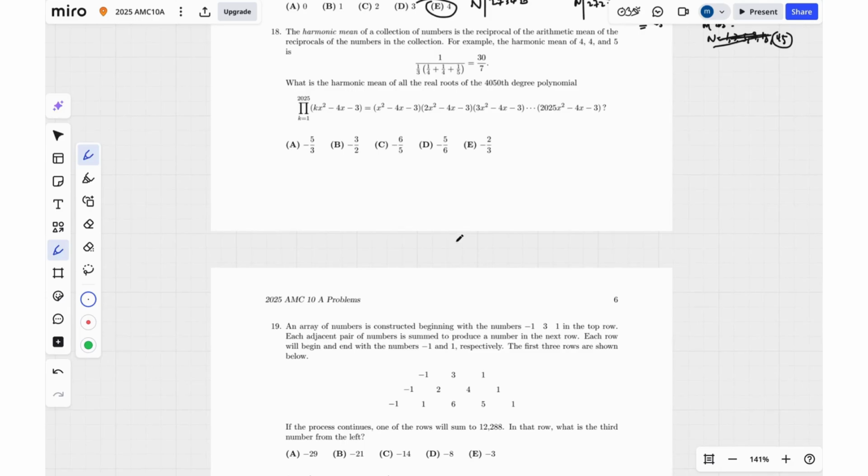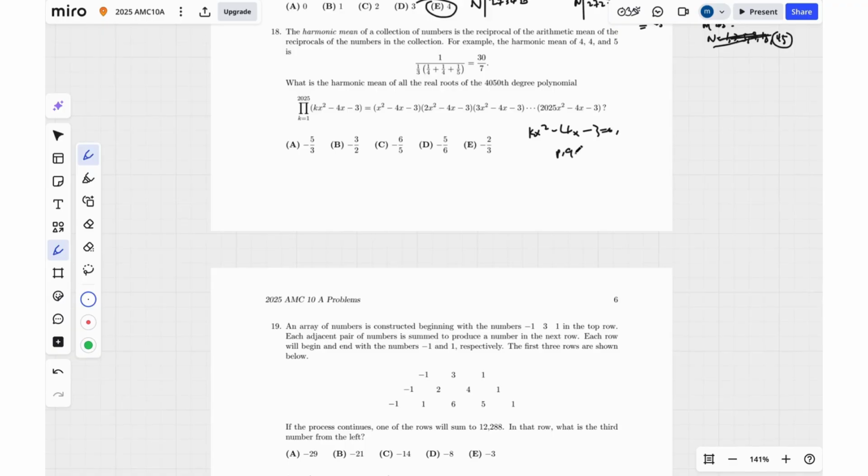Next, problem 18, we have the polynomial question. So here, the important thing to notice is that for any k, kx squared minus 4x minus 3 equals 0, let the roots be p and q.